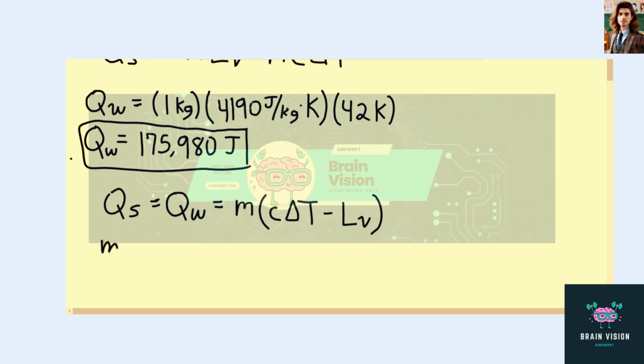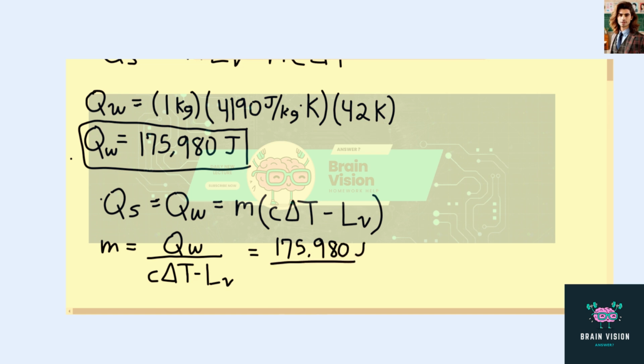So m equals Q sub W, which is the same thing as Q sub S in this scenario, divided by C delta T minus L sub V. We plug in those values: 175,980 joules, and our answer will be in kilograms, so the units should work out.